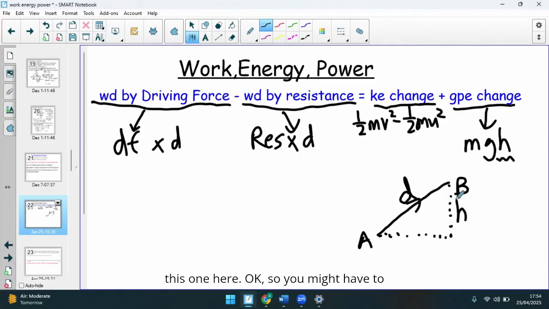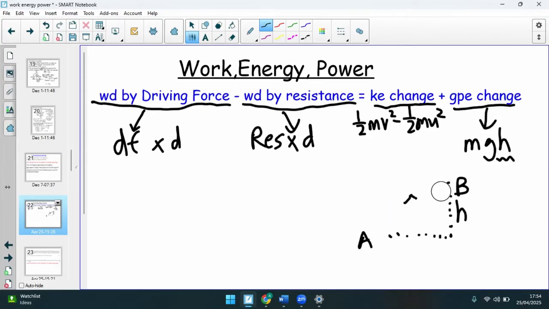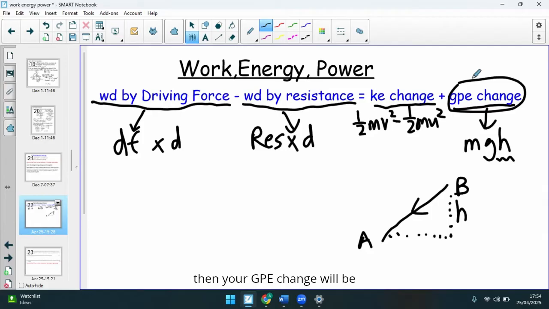Okay, so you might have to calculate this using SOHCAHTOA, sine cos tan. Right now, in this particular case, we're going from A to B, so this is upwards, right? That means GPE change will be positive. Okay, if you were going downwards, let's say you were going from B to A, then your GPE change will be negative. So that's the only difference.